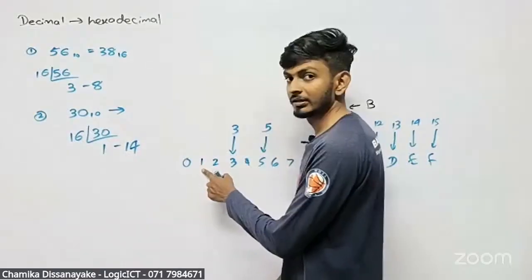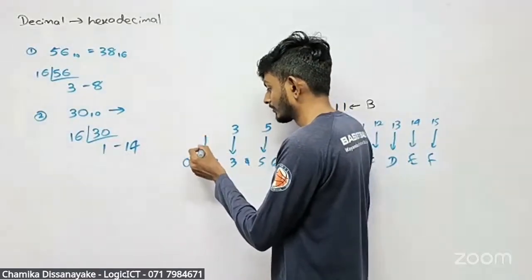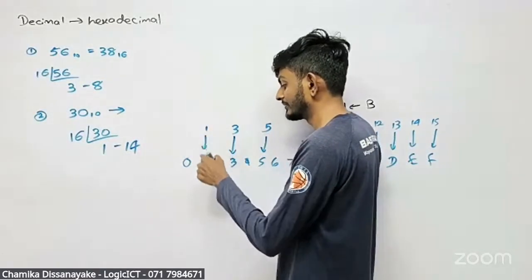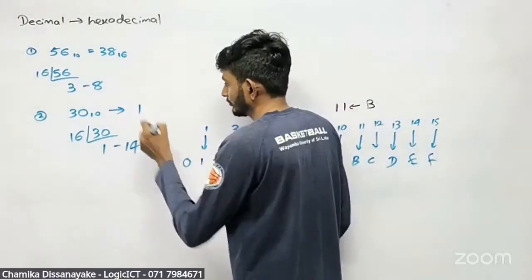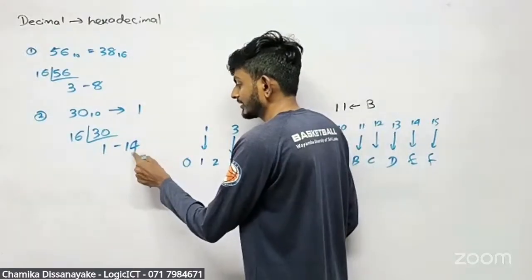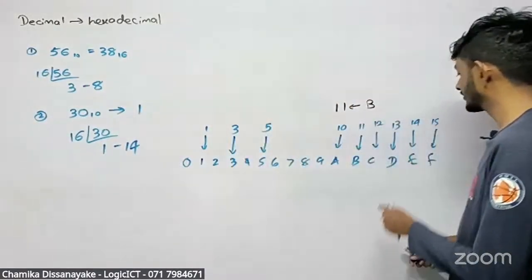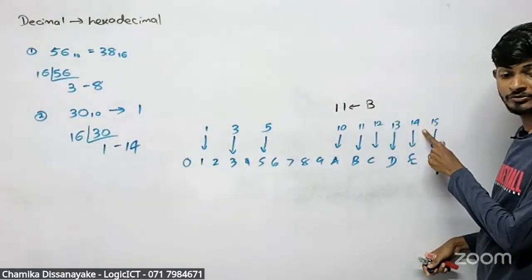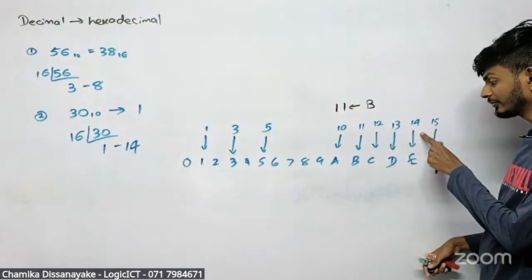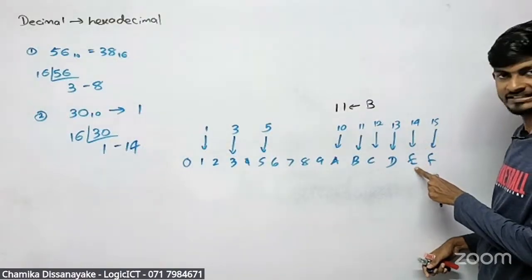Here, 1 is the value, the symbol is also 1. Very easy. So we are going to put 1. The remainder is 14. That means this is the value of 14. What is the symbol of 14? E. No?